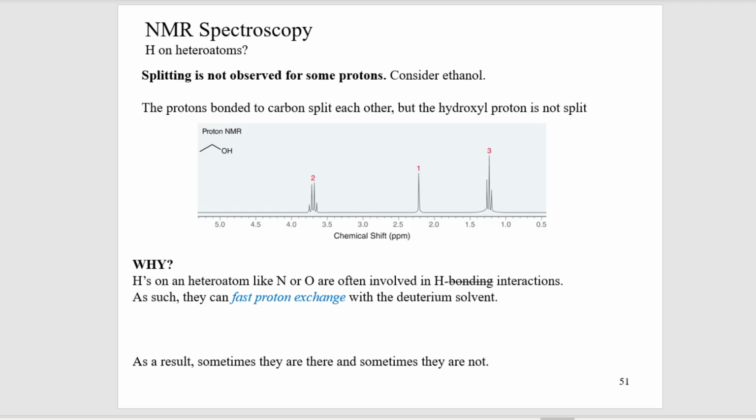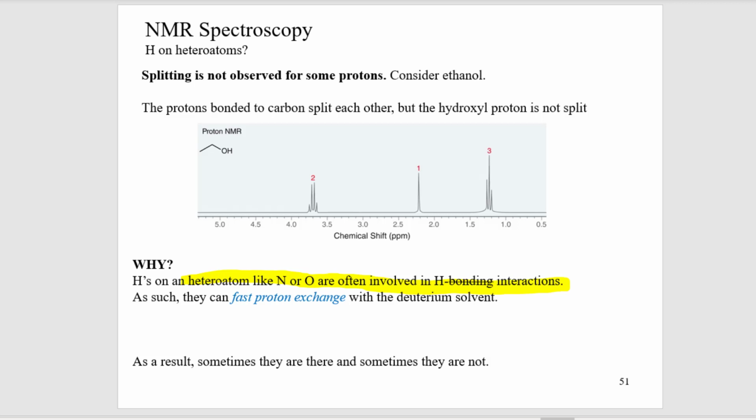Remember that these hydrogens on heteroatoms are often involved in hydrogen bonding interactions. They interact with other molecules that have those dipoles, right? Especially when you're talking about having a hydrogen bonding interaction with the deuterated solvent.